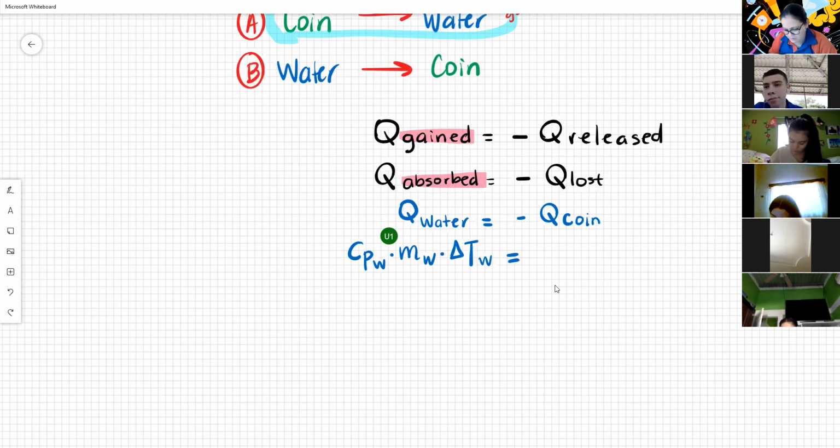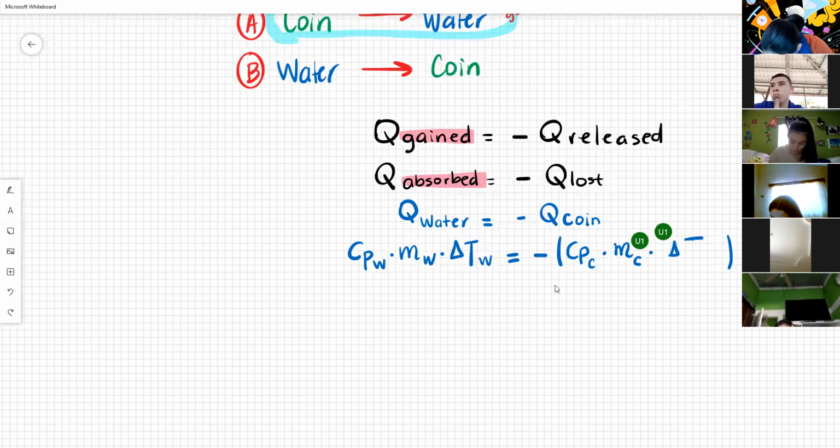This is going to be equal to negative, I will put parentheses, the specific heat of the coin times the mass of the coin times delta T of the coin. So I'm going to be working with the equation like that. So what am I looking for? I am looking for the mass of the coin. After I have everything done, I will isolate for the mass of the coin. Okay? So just plug in the givens and isolate for it.